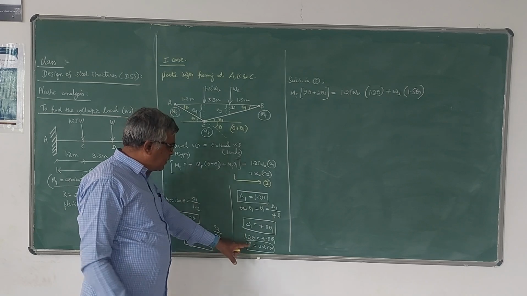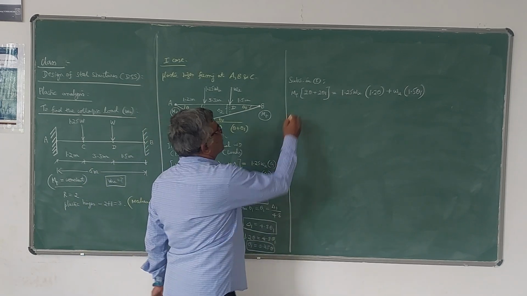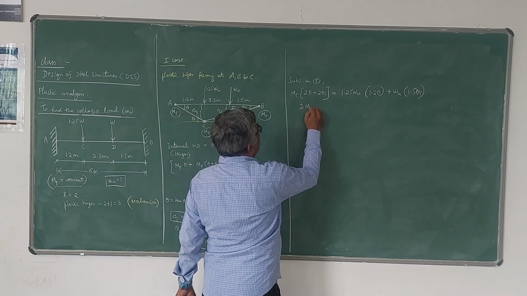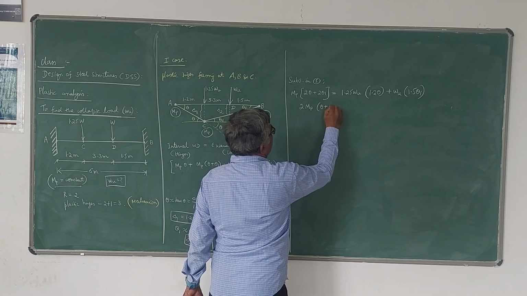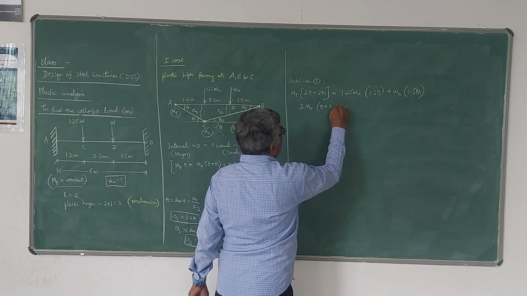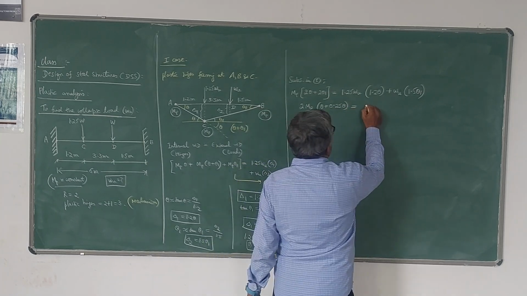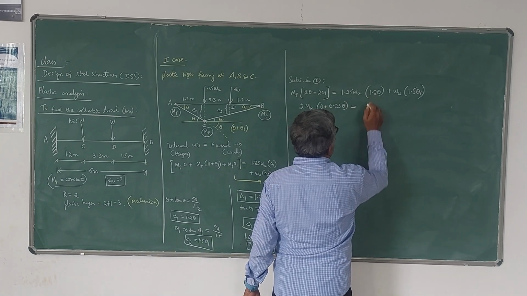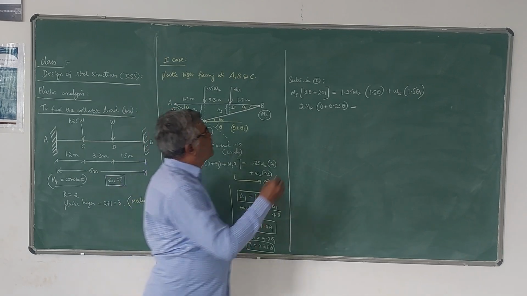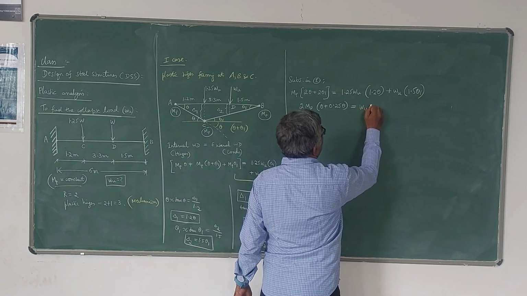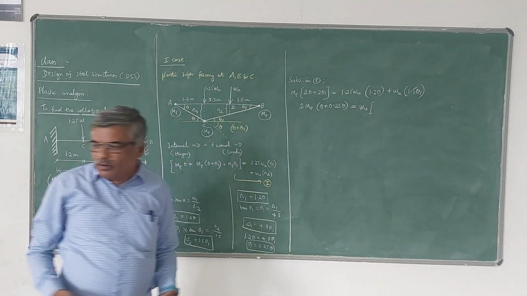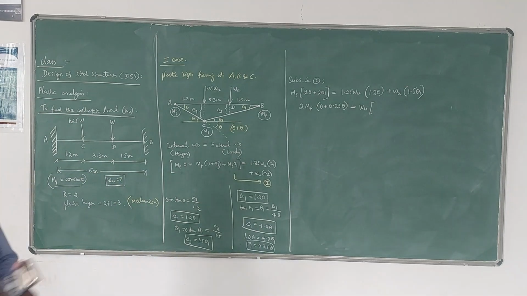Now for theta 1, you have to put 0.25 theta. So this becomes 2MP into theta plus 0.25 theta is equal to 1.25 into 1.2. WU I can take outside. WU into 1.25 into 1.2.